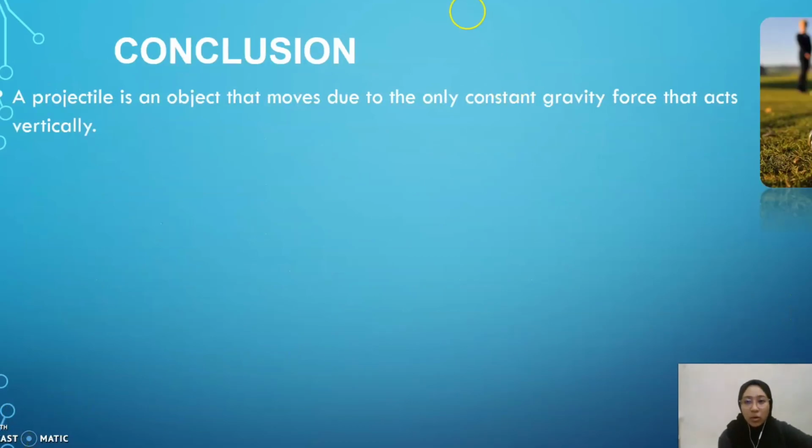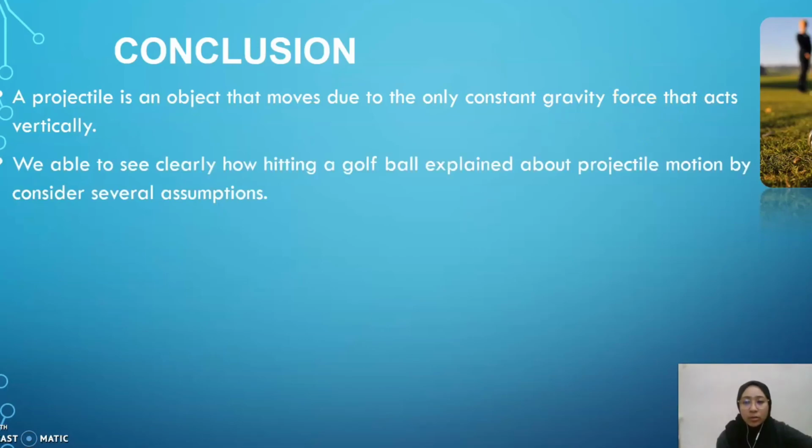So last is the conclusion. A projectile is an object that moves due to only the constant gravity force, which is the acceleration of gravity 9.81 meter per second squared that acts vertically. We are also able to see clearly how hitting a golf ball can be explained by using projectile motion and by considering several assumptions.